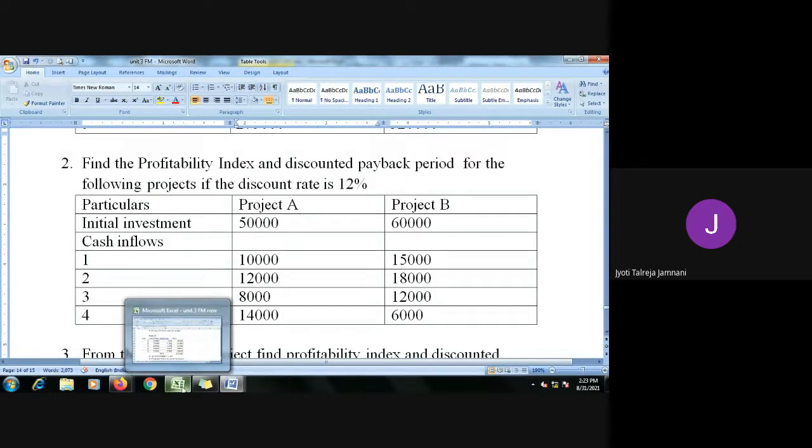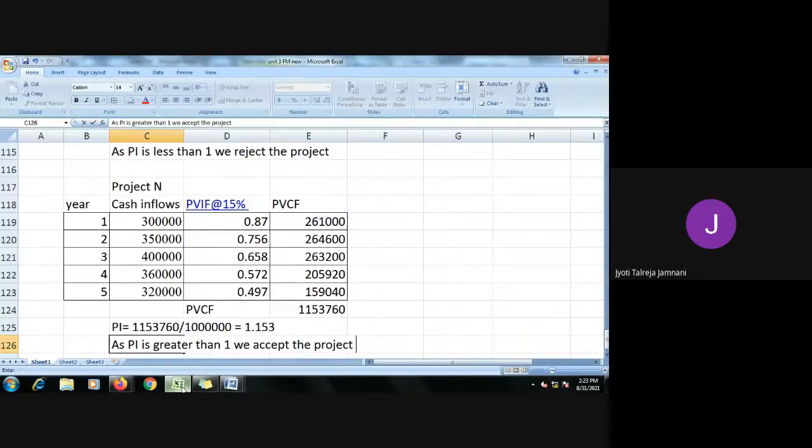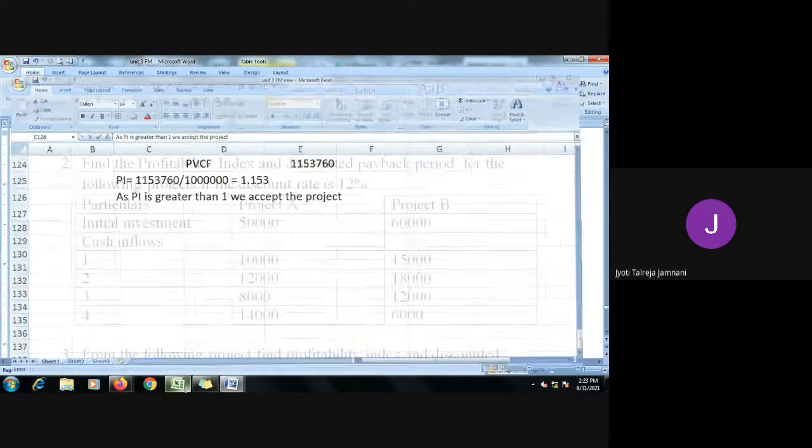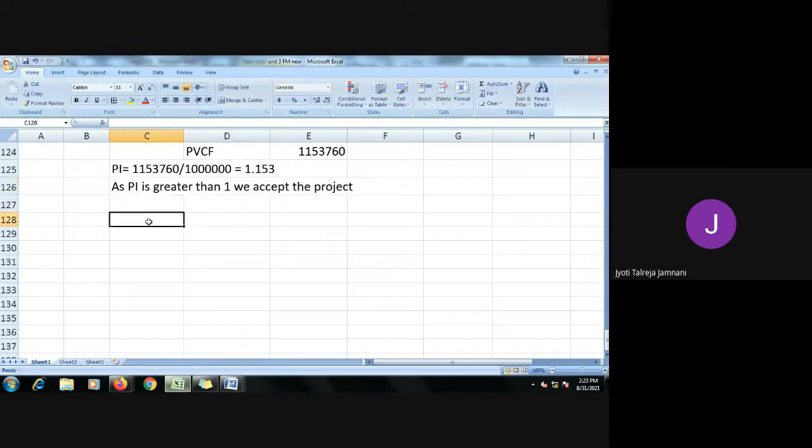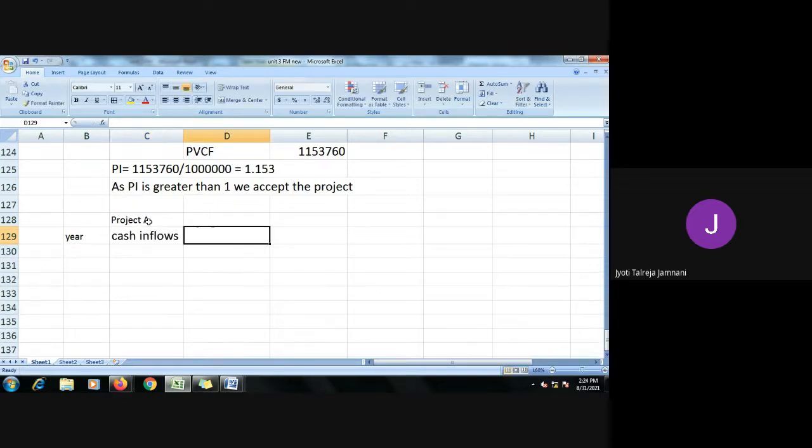Let's find the present value of cash flows. The two projects are project A and project B. So first let's do it for project A. Here, cash inflows, present value interest factor, and we'll see the rate.